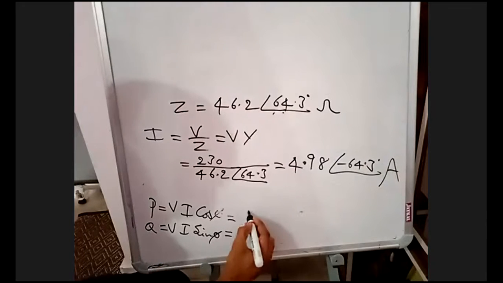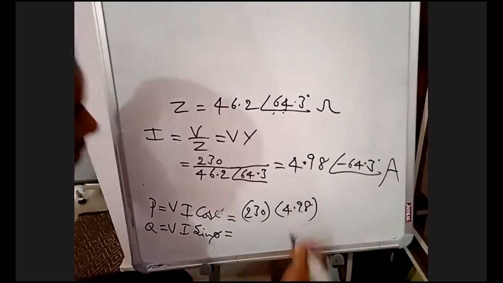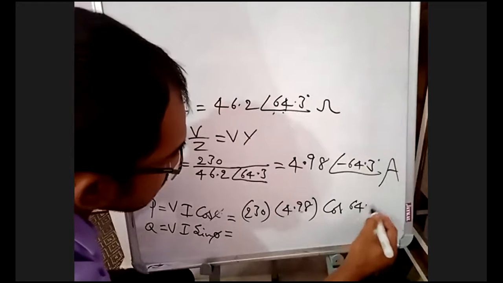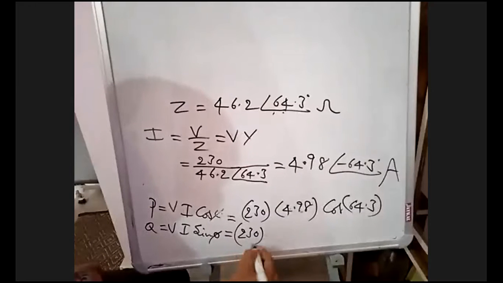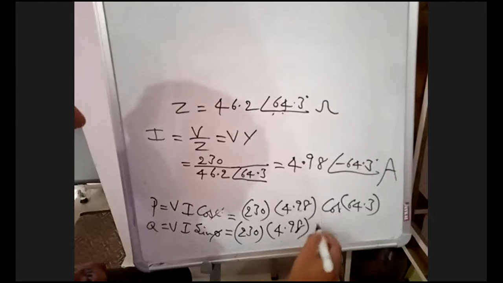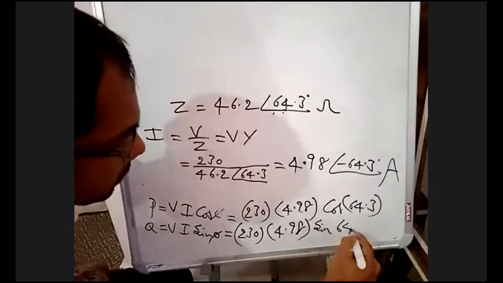Current is 4.98. Now substitute the values: P is 230 into 4.98 into cos 64.3, and Q is 230 into 4.98 into sin 64.3.